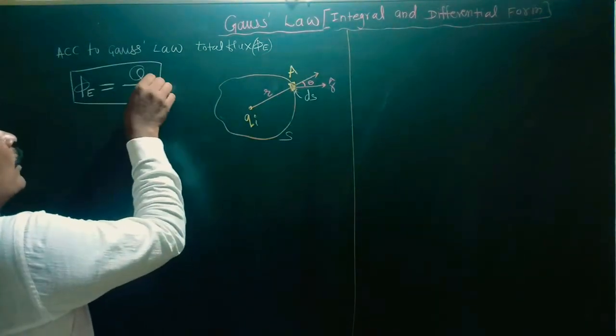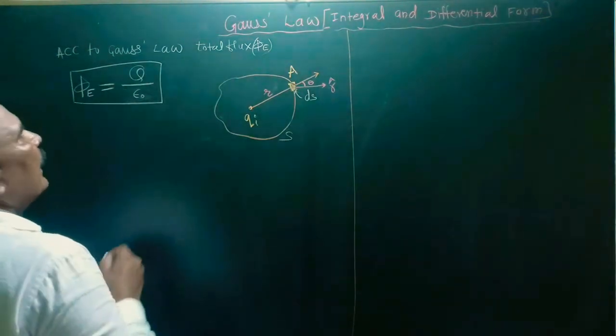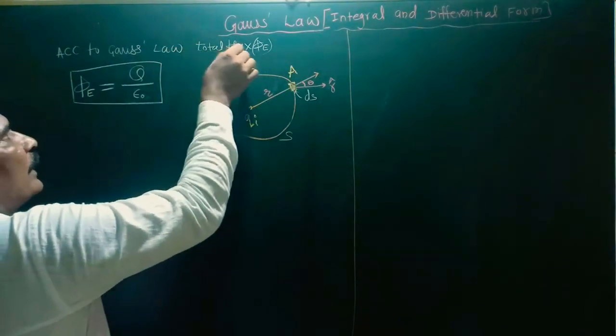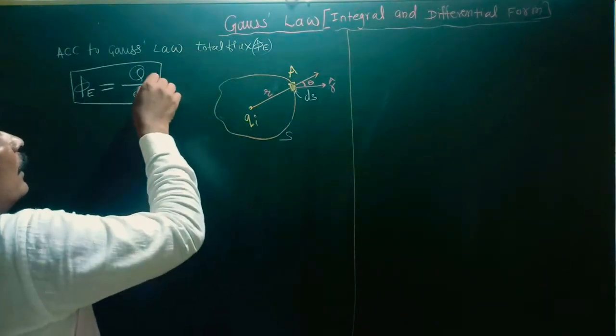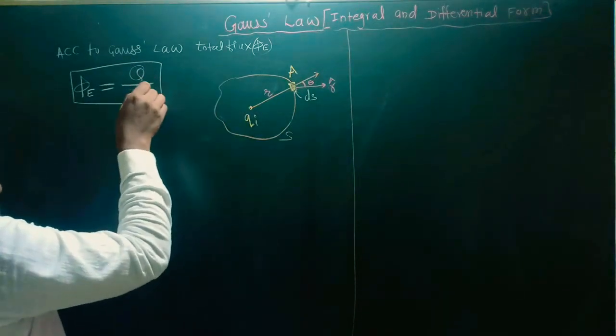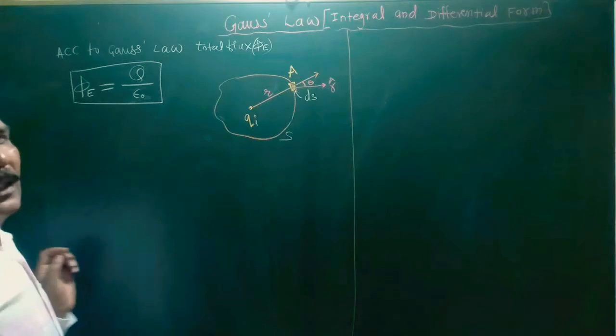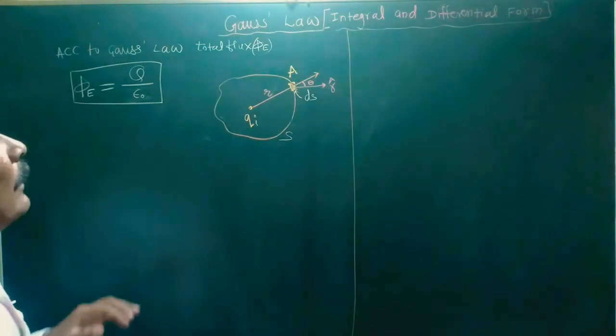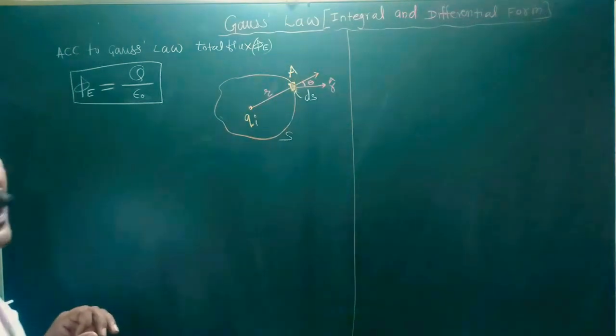The total flux passing through the given area is equal to 1 upon epsilon 0 times the total charge.